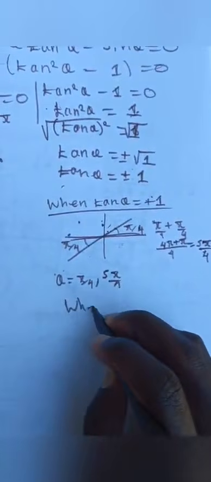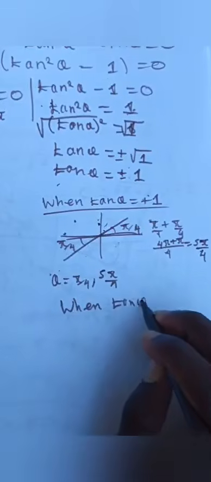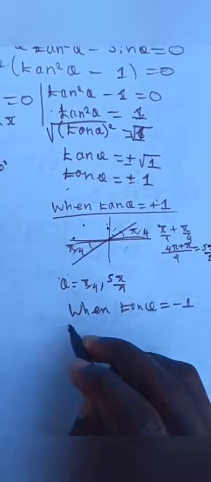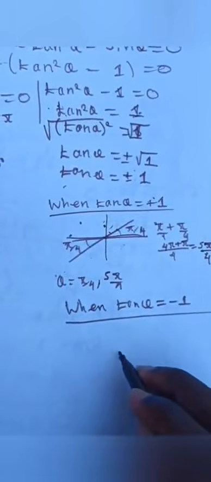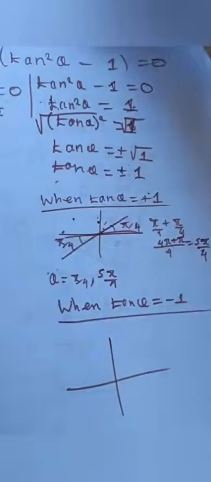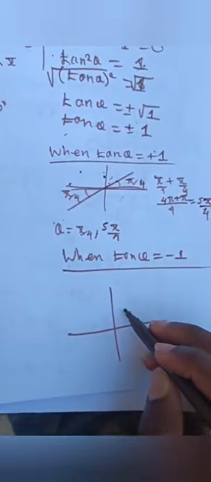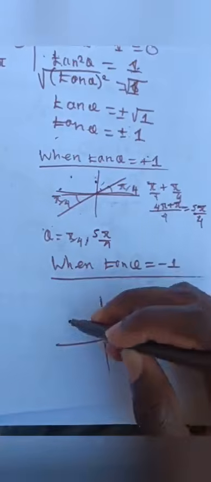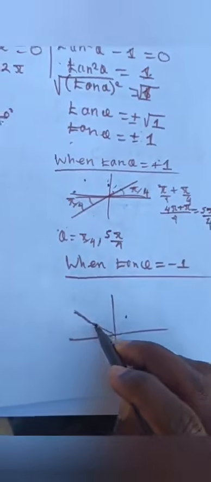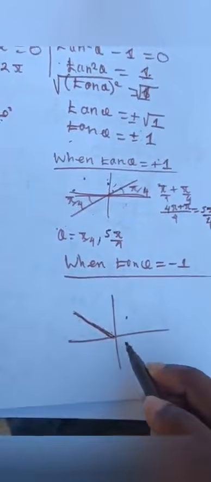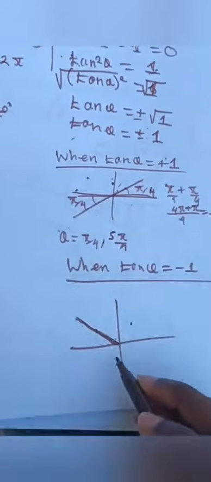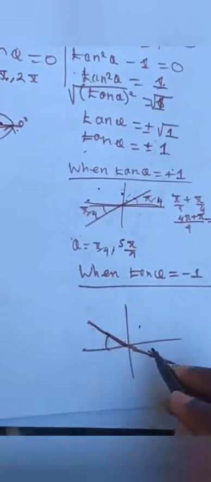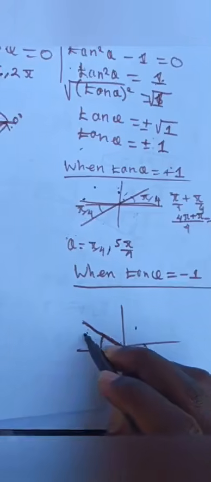So what if it is negative? This time the helping angle will be the same, but we're just going to look at different quadrants, the quadrants where tan is negative. Guys, I'm using freehand and I'm not that kind of artistic guy, so the lines are usually bent. So 45 degrees.